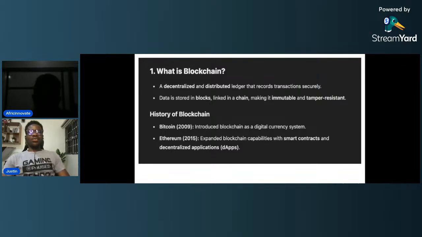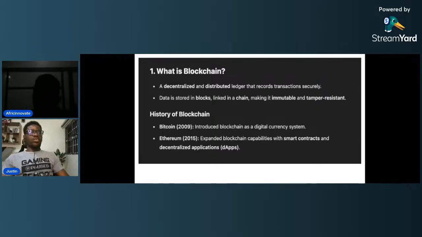Data is stored in blocks linked in a chain. What that means is that it works with time: the timestamp of the current block is going to be linked to the next incoming block.